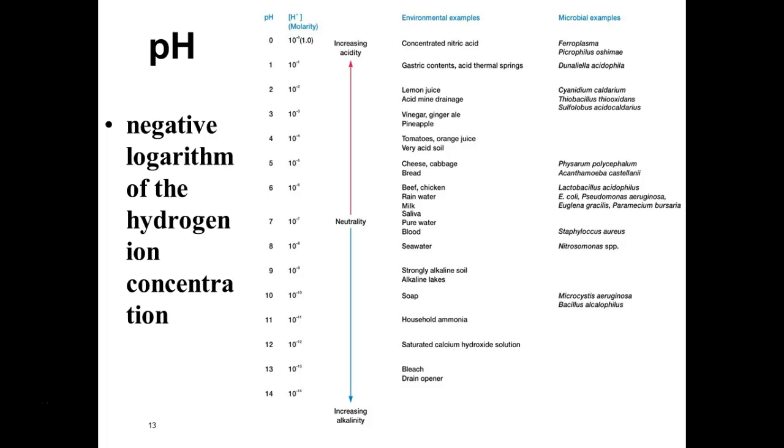So the next is pH, which, remember, is the partial pressure of hydrogen ions. Hydrogen ions are released by acids into solution, and they're absorbed by bases in solution. Hydrogen ions play an important role in ionic balance, and as it relates to chemical processes.